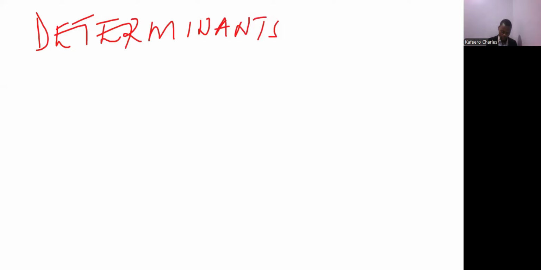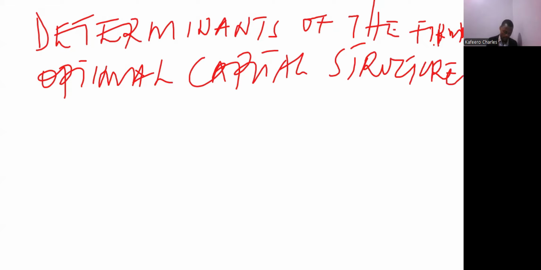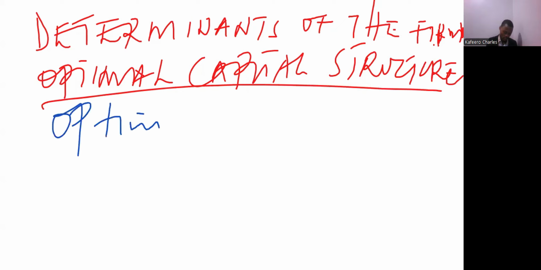Let me first write it: determinants of the firm's optimal capital structure.